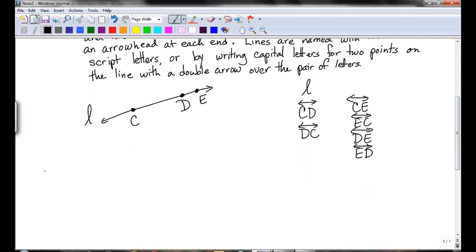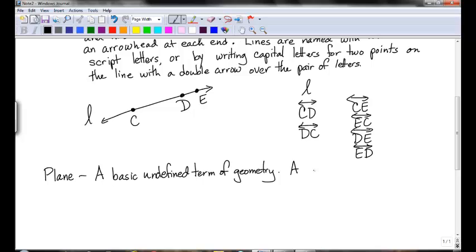Okay, we've done a point, a line. The third definition is a plane. A plane is a basic, undefined term of geometry. I'm calling them definitions, but really they're not. I'm just basically describing how we label them.